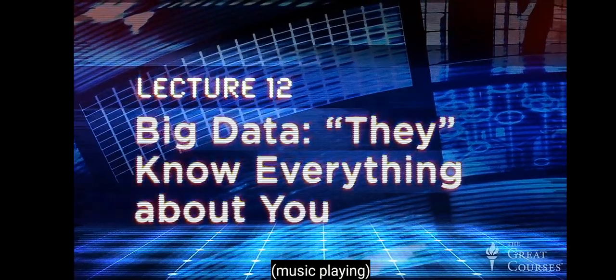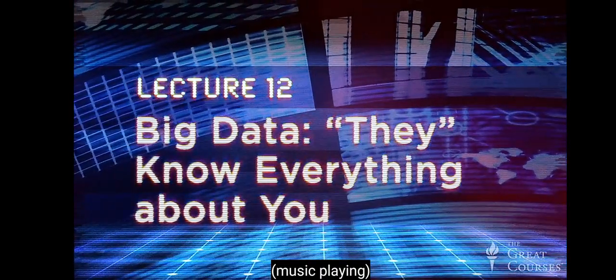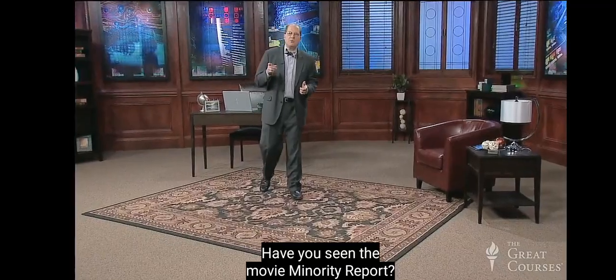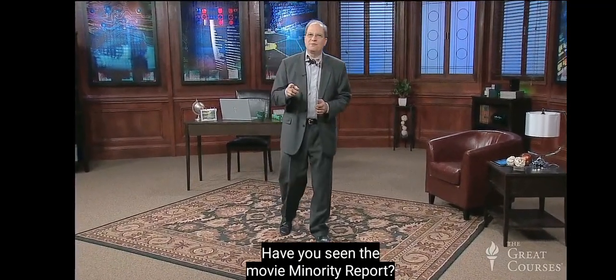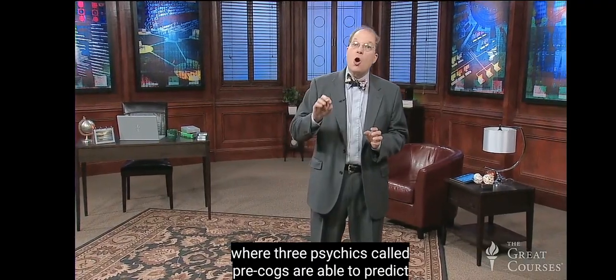Have you seen the movie Minority Report? If you have, you remember its chilling portrayal of a world where three psychics, called precogs, are able to predict future acts. And as a result, you can be arrested for the murder you're about to commit, not the one you've already committed.